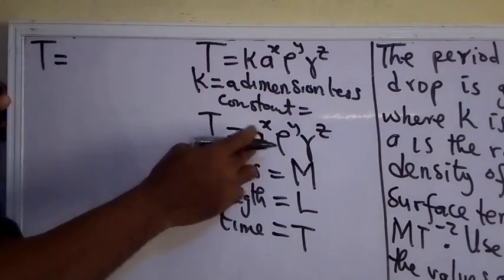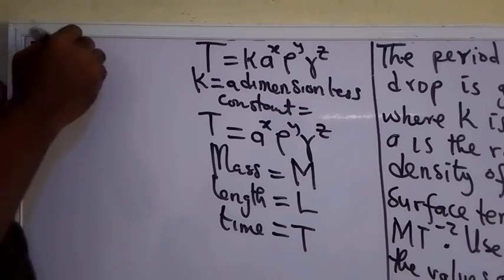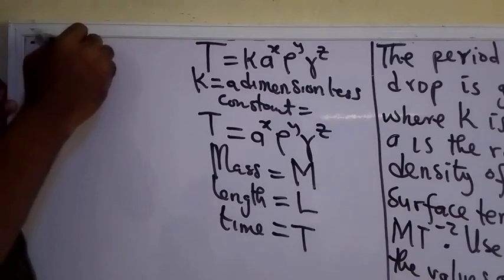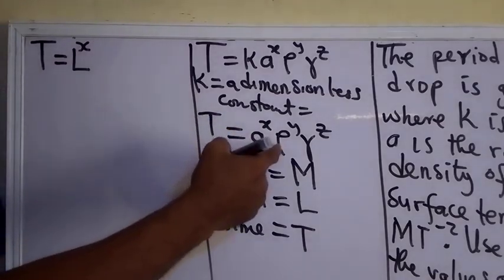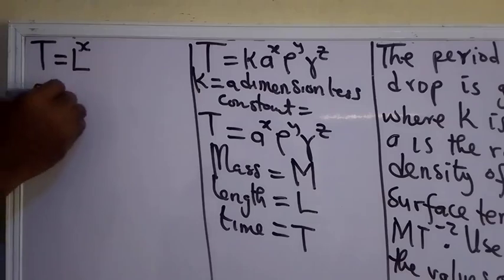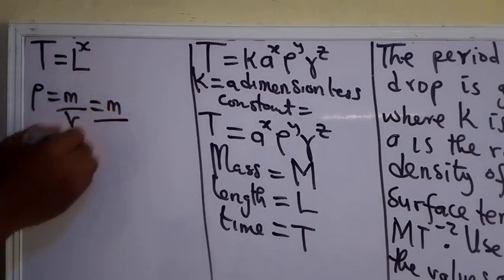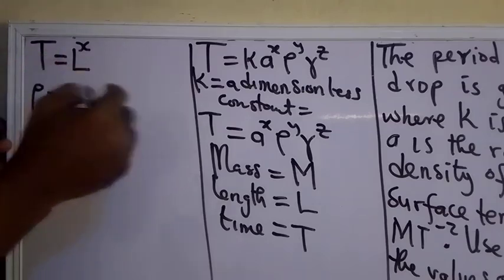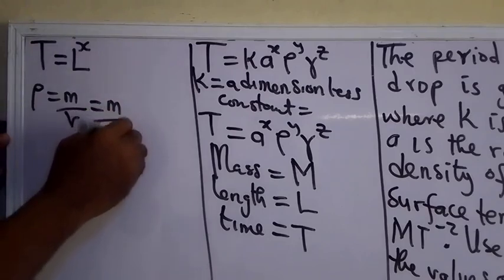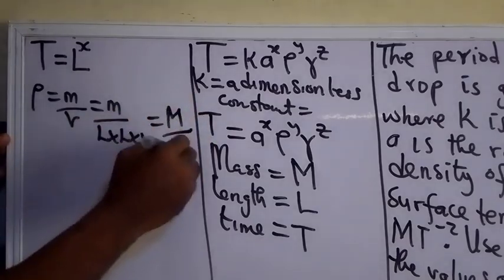Now this A, we are told it is the radius. Of course, radius is a length, is a distance. So we put it as L raised to power X. Now we need to ask ourselves, what is density? Density is mass over volume. What is volume? Volume is length times breadth times height. They are all lengths. So that means L times L times L. So we have density as M over L cube.